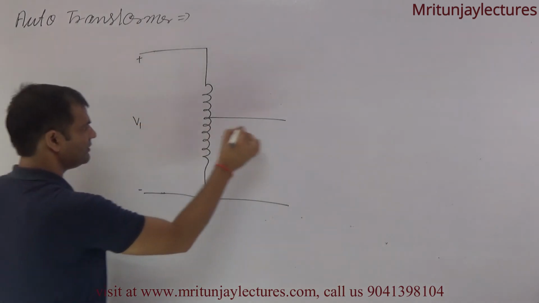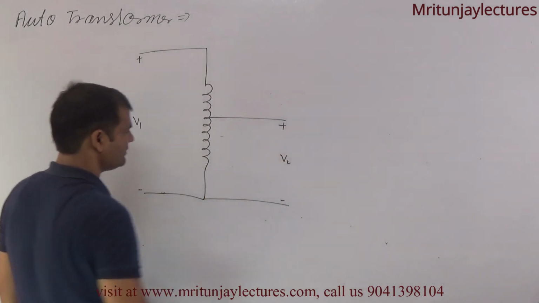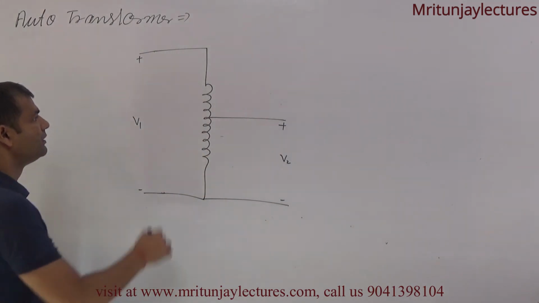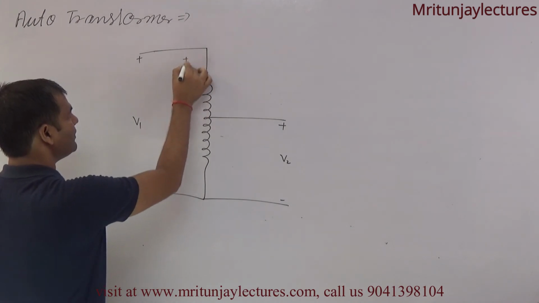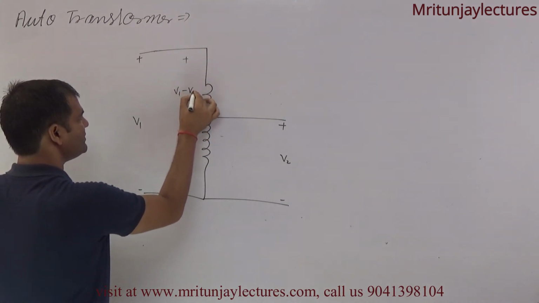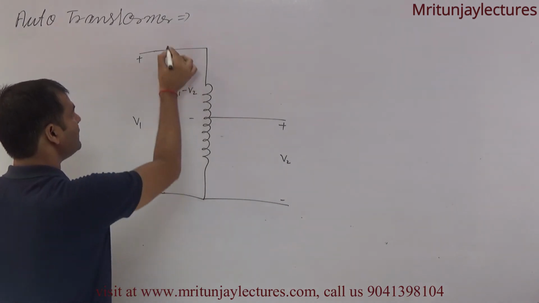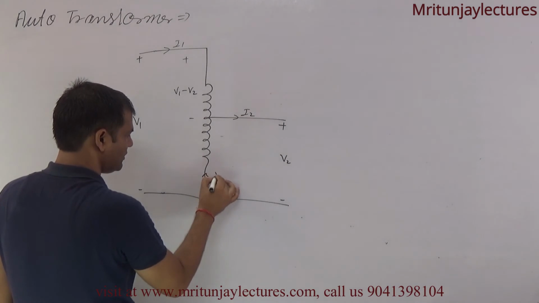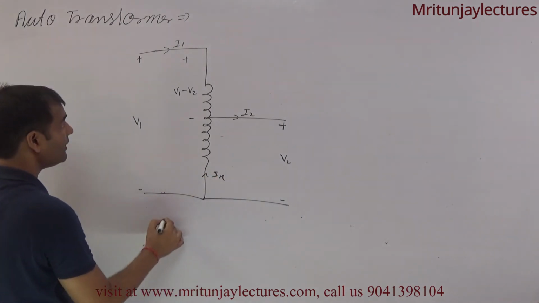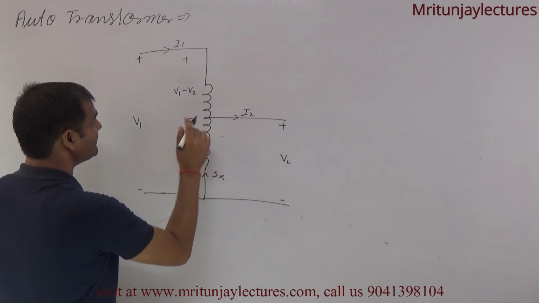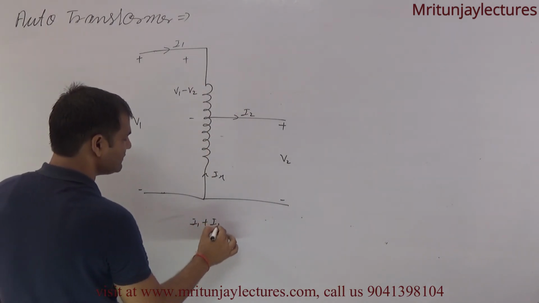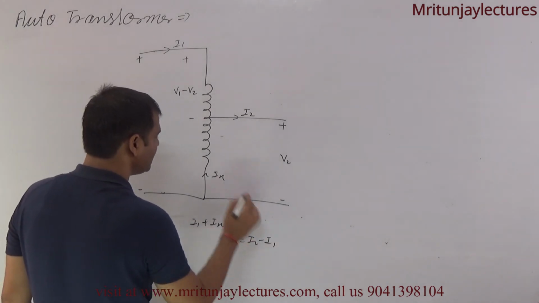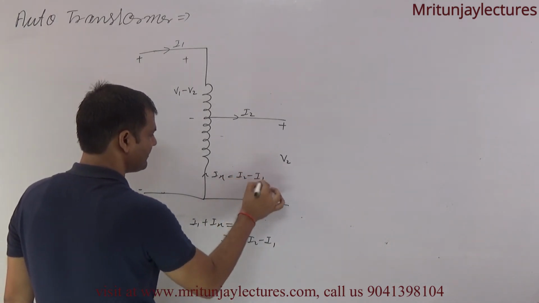That is the auto transformer, with the primary side and the secondary side, input voltage like this one and output voltage like this one. The voltages are V1 minus V2, and V2. If the current is I1 and I2, what about Ix? I1 plus Ix will be equal to I2, so Ix will be equal to I2 minus I1. Clear? That is I2 minus I1.